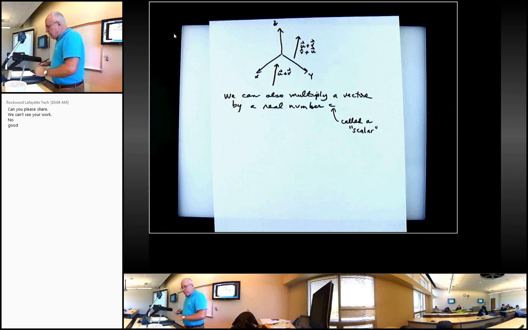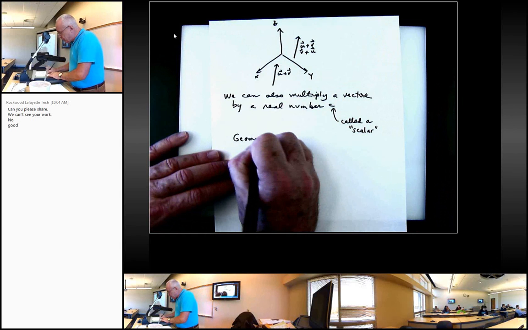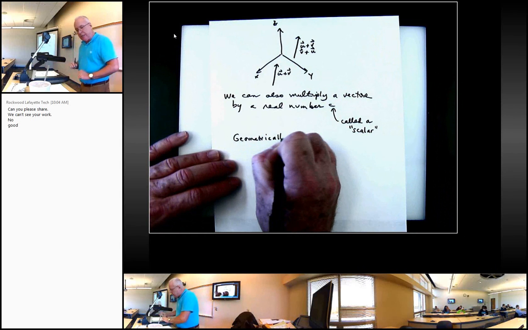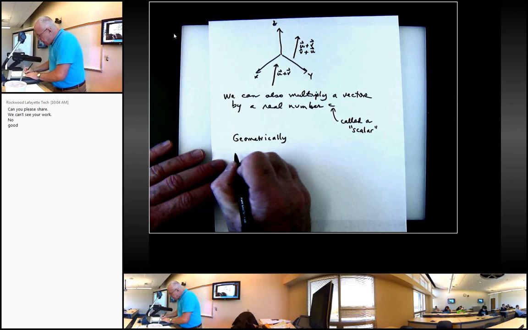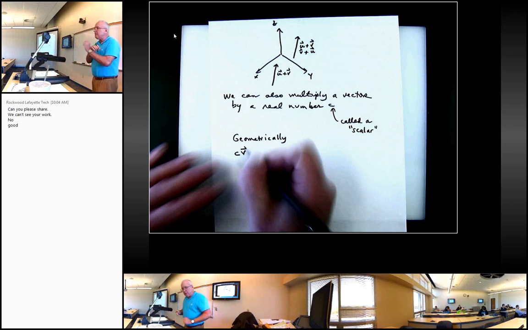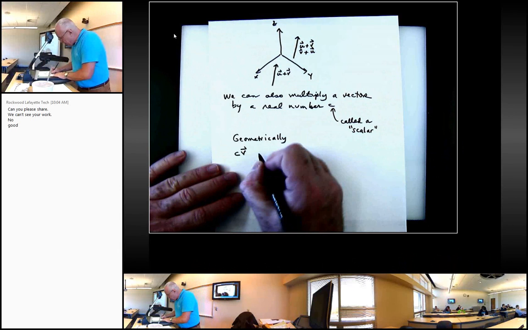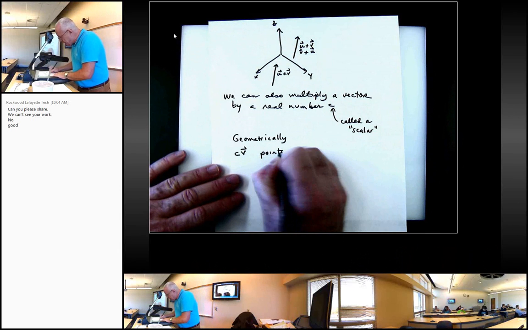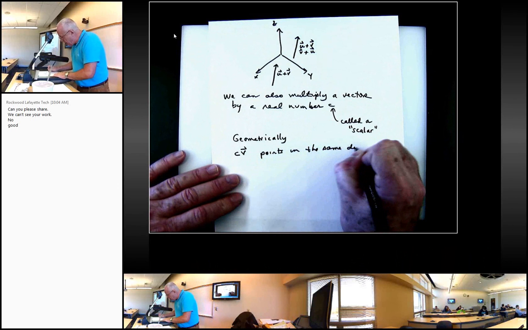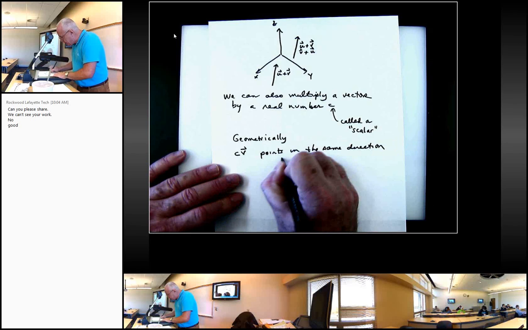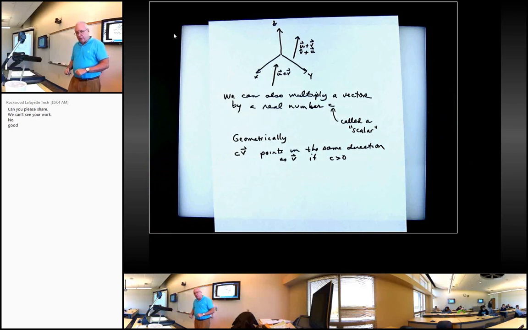All right, so let's look again. Right now we're just looking at this geometrically. We're going to look at it algebraically in just a couple minutes. But geometrically, this is what happens. Multiplying a scalar c by our vector v, it points in the same direction as v if c is a positive number.